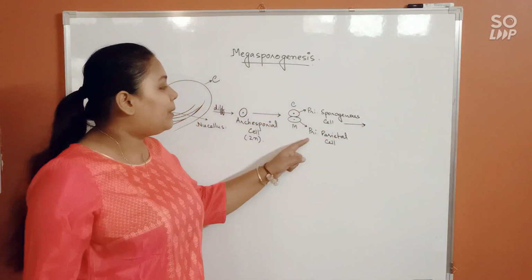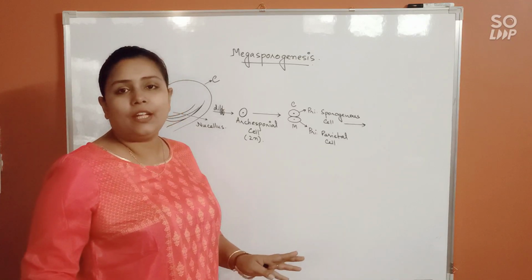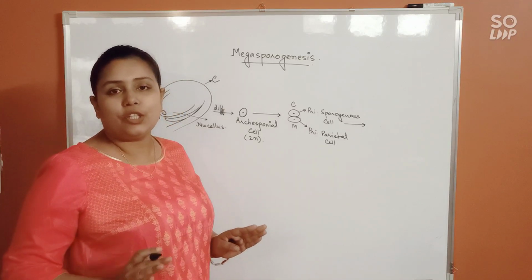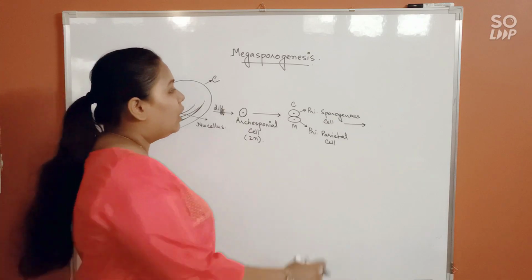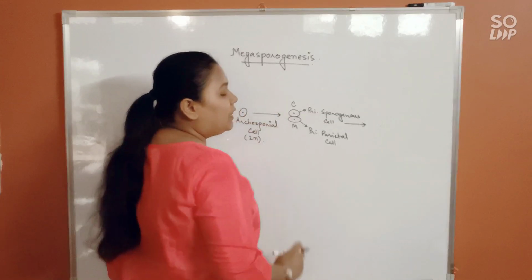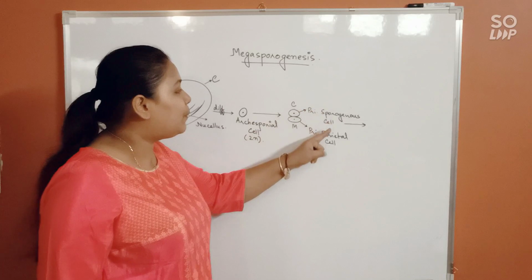Now see, the primary parietal cell does not have any function here. It would just remain or degenerate. So basically all the development is going to happen in the primary sporogenous cell.